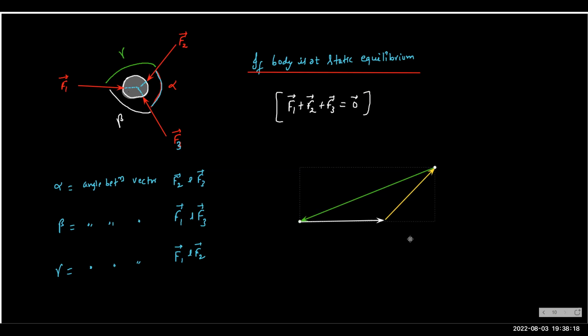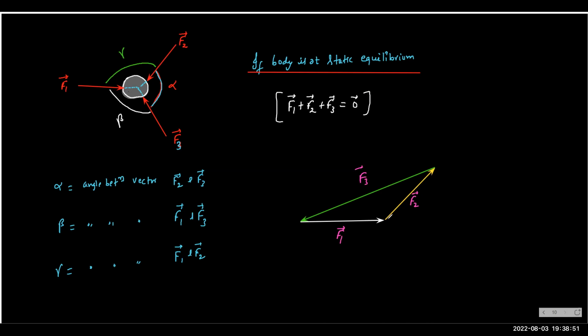Otherwise, if there's a gap between the last and the first, it means some resultant is there, which is not the case here. So first of all, what you need to learn here is how to represent the zero sum vector graphically. So I can call this F1. I will call this F2 and I'll call this F3. Okay. The order doesn't matter. You can choose the order you want.